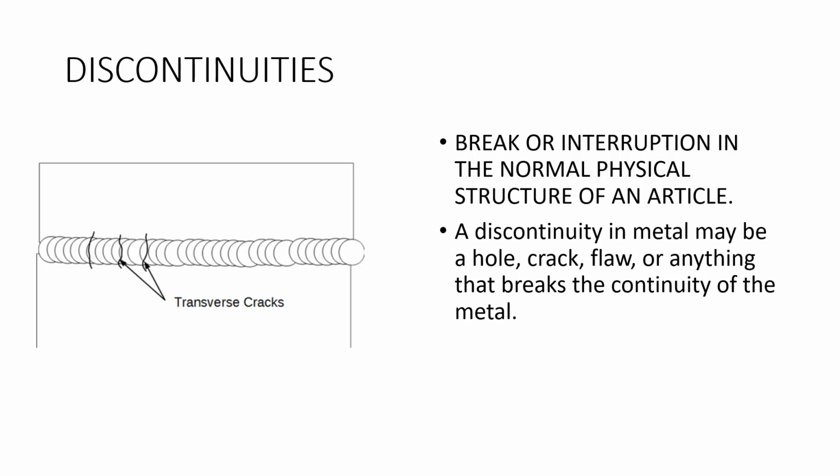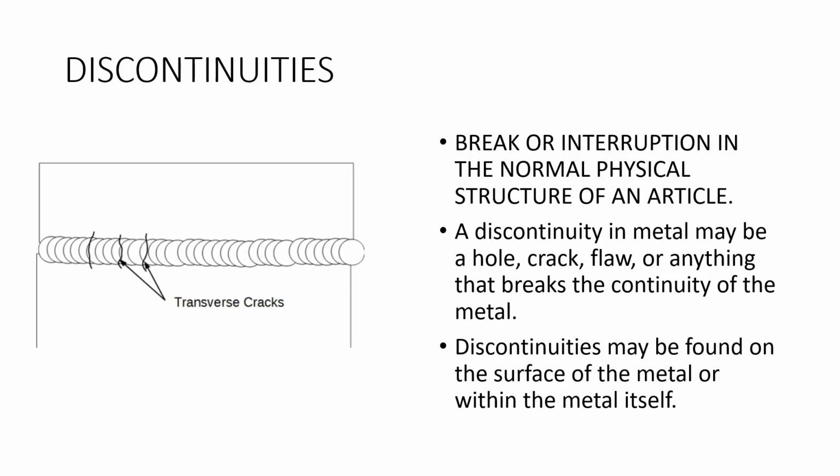All defects are discontinuities, not all discontinuities are defects. And we can have discontinuities in either the surface of the metal or within the metal itself. So once we get into discussing how we're going to find these things, we've got to know what we're looking for. Are we looking for surface defects and discontinuities, or are we looking for subsurface discontinuities and defects?